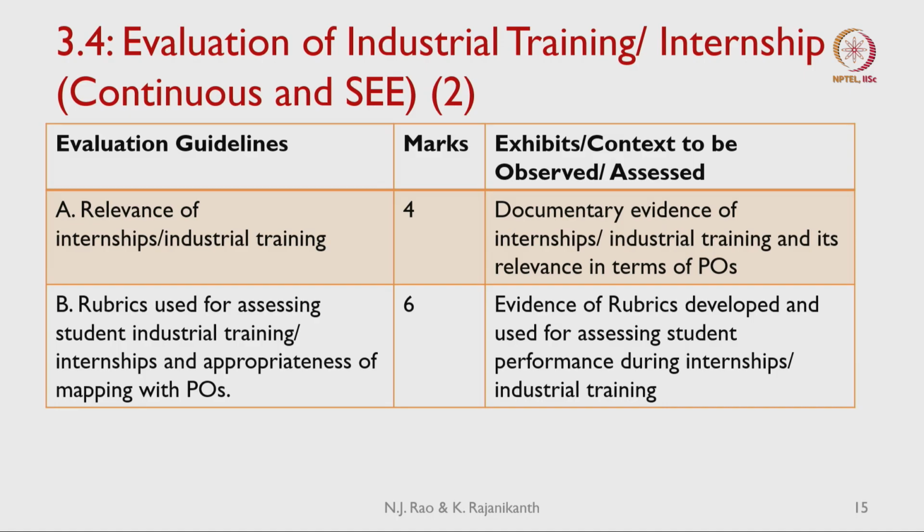So, relevance 4 marks, so documentary evidence of internship industrial training and its relevance in terms of the POs to which it is mapped. Then rubrics 6 marks, evidence of rubrics developed as well as used for assessing the student performance during internship industrial training.